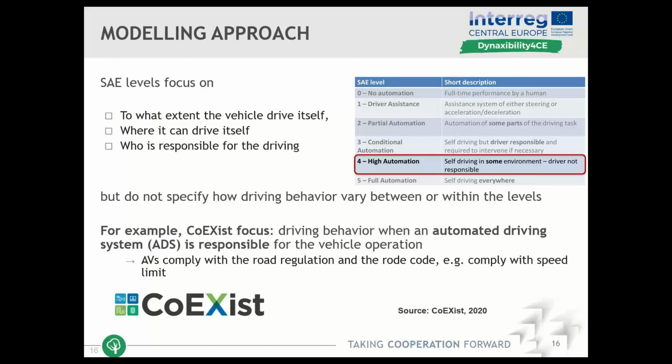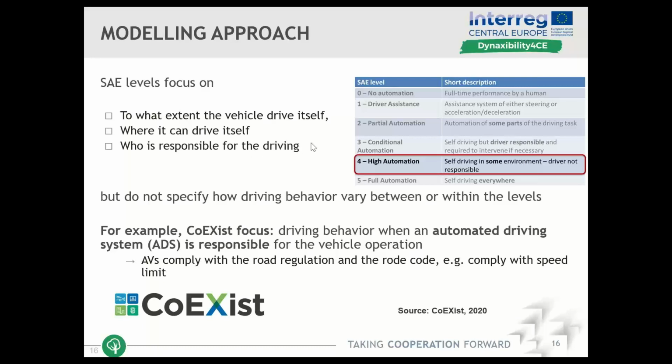And we're going to go through a bit of these results from Coexist now as introduction to our modeling guide in Dynaxibility, and what will be presented next by our colleague Emily Richter from the University of Stuttgart on a particular use case in the Stuttgart region.